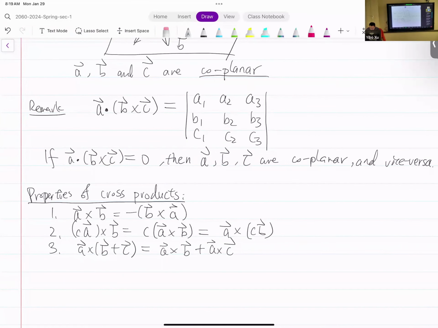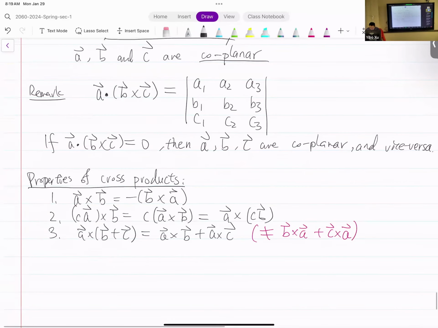As long as you don't change the order, it's going to be true. But if you switch the order between the vectors that you multiply with, then that's not true. So it's A cross B and A cross C. Okay, so A is always in the front. That's very important.